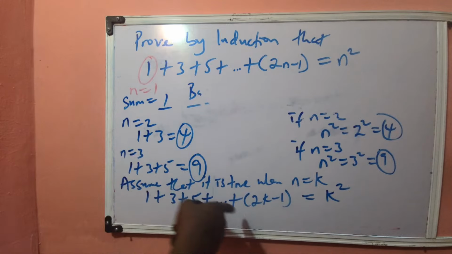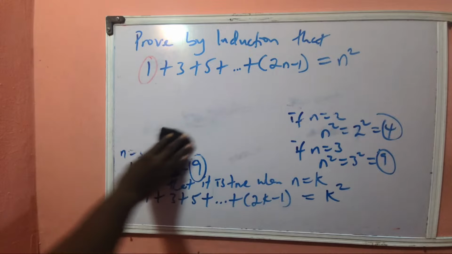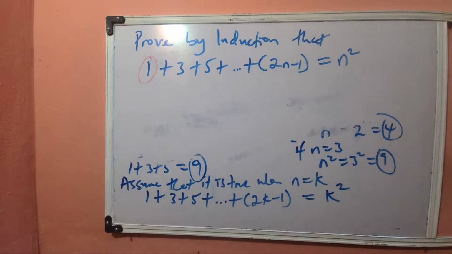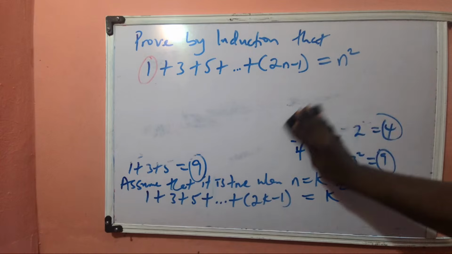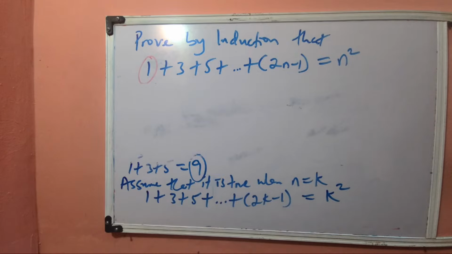You're proving this, then you're assuming this. That's basic. The major thing where some people could have issues, depending on your ability to solve mathematics, is in the proving step. These first two steps should be able to be done by everybody easily. You just confirm first, then you assume.